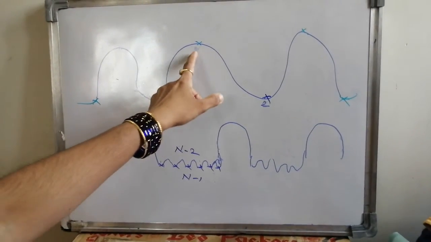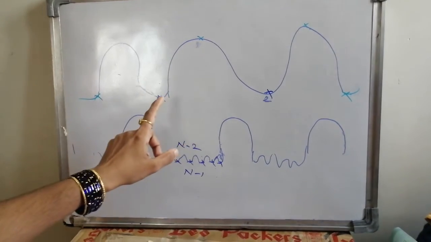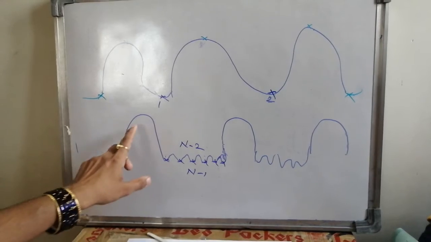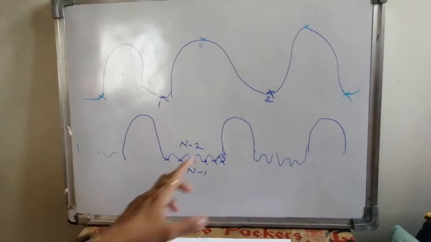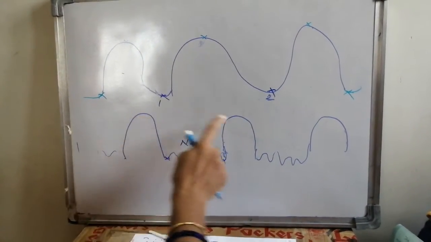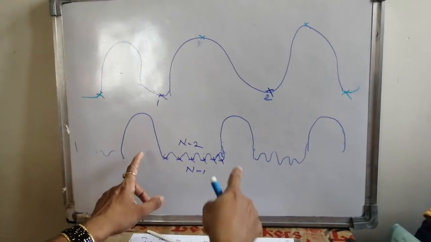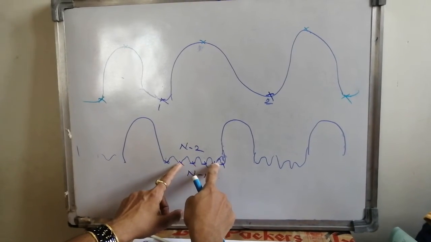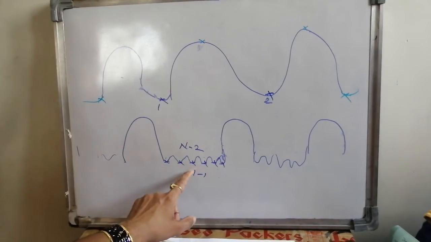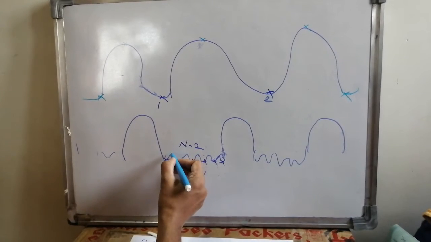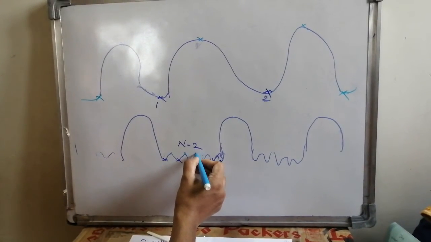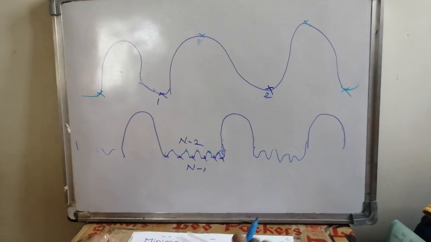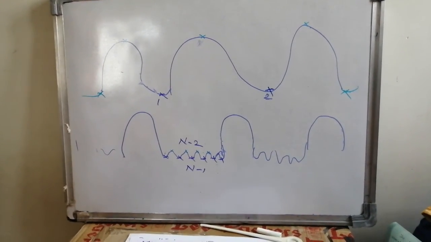So the number of maxima is one less than the number of minima. This graph shows the principal maxima, but between two principal maxima we have n minus 1 minima. As there are n minus 1 minima, there are n minus 2 secondary maxima. So this is the intensity distribution of the diffraction grating.